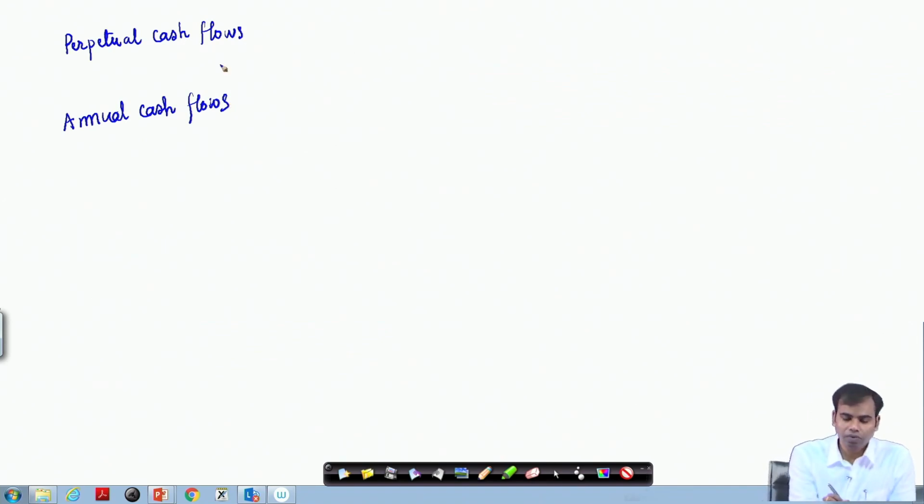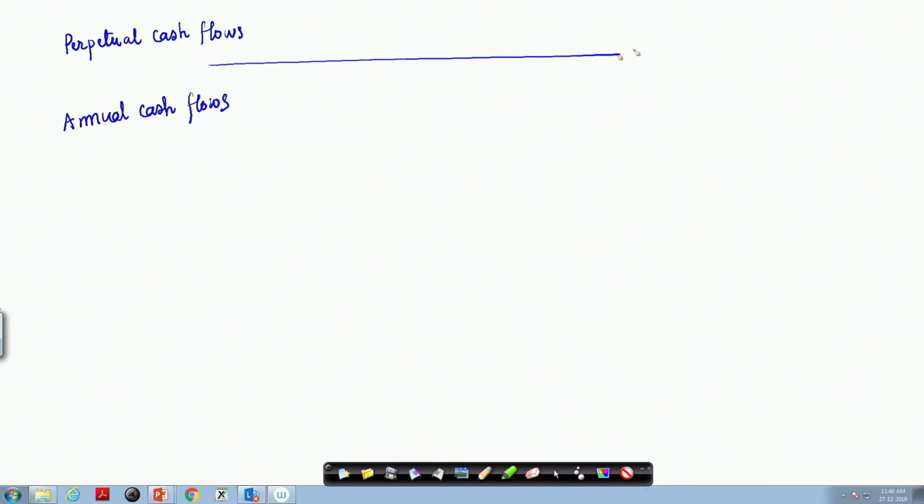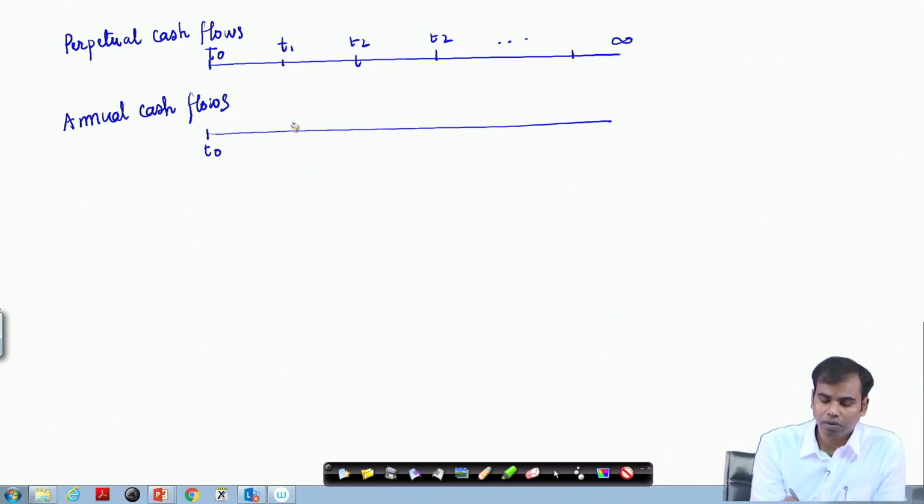So, perpetuity cash flows are basically the cash flows which are going to continue in future. So, this is T0, T1 and so on. And annuity cash flow will be given for a certain number of periods.